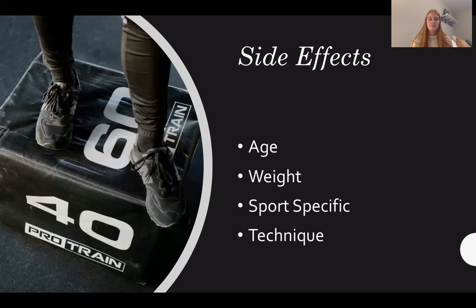Contacts means every time you're landing on the ground, you're coming into contact with the ground. And whenever you are doing that, you're putting a lot more force on joints such as your ankles, your knees, your hips, and then when you're doing upper body plyometric exercises, your shoulders, your elbows, and your wrists. And the heavier a person is, the more force you are going to have on those joints. So that is something to keep in mind.